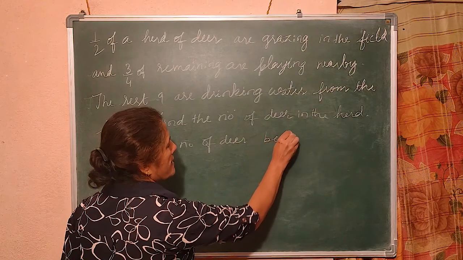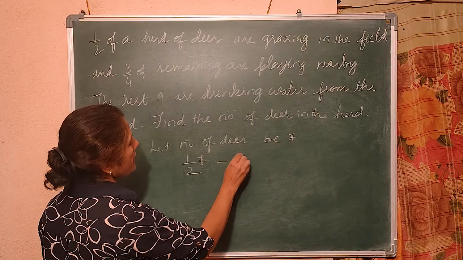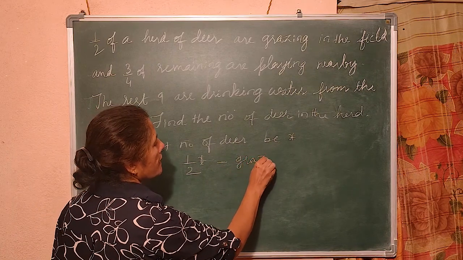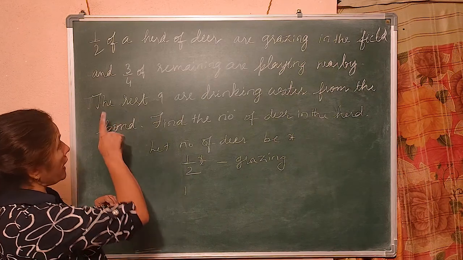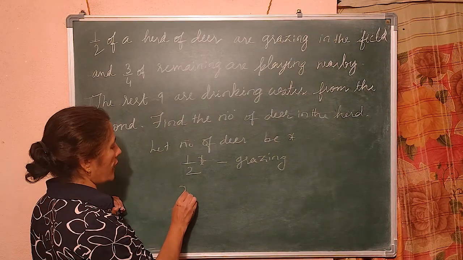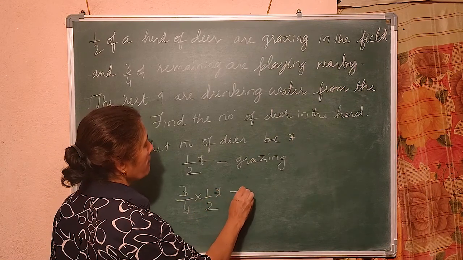be x. Half of x are grazing. So another half remaining. 3/4 of the remaining, that means 3/4 of half x are playing.